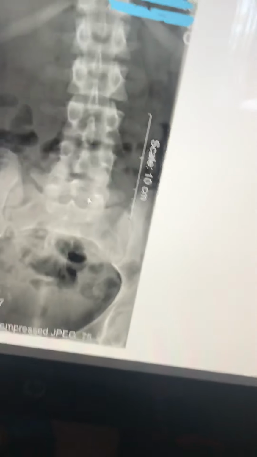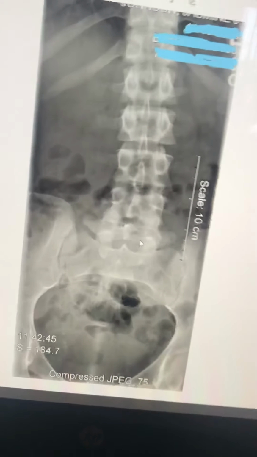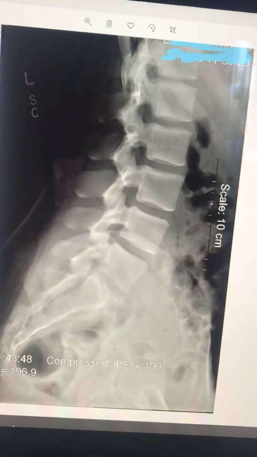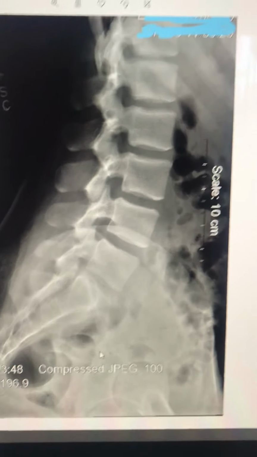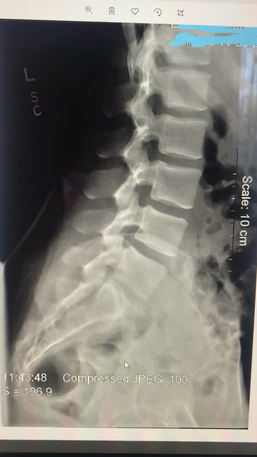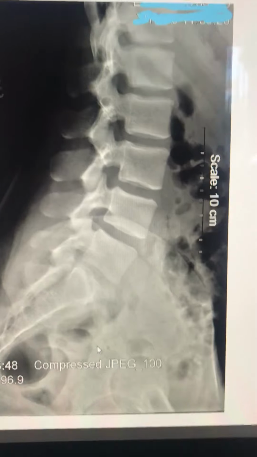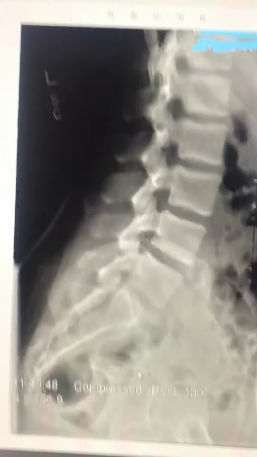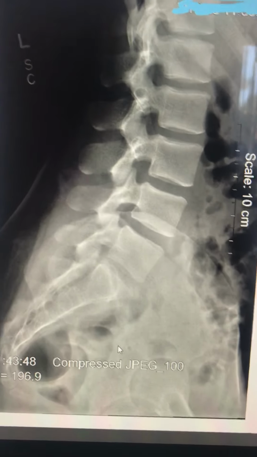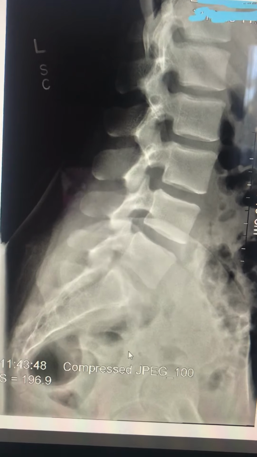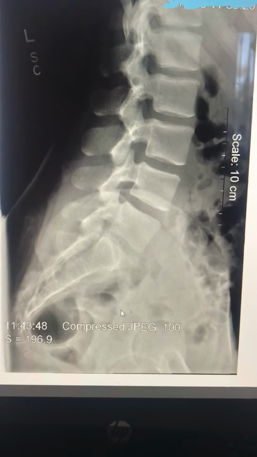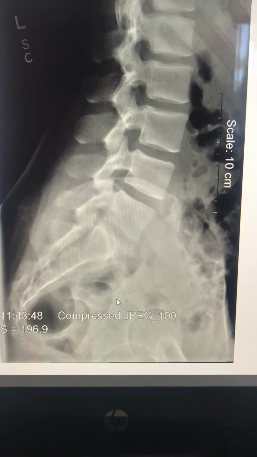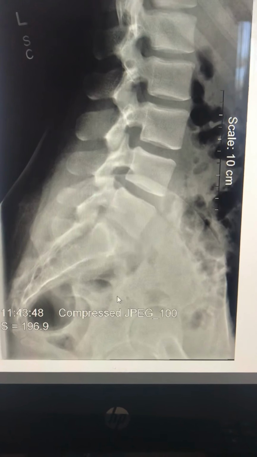All right, moving on to the lateral. This is the lateral. Technique was 96 kVp at 20 mAs. There's clear bony detail, no motion demonstrated by sharp trabecular markings.